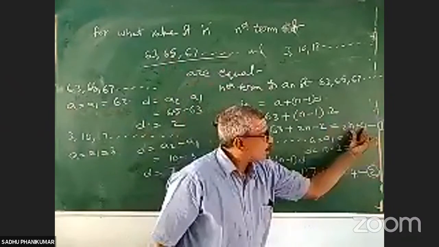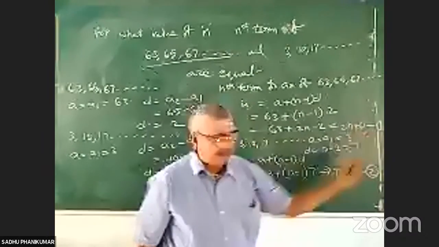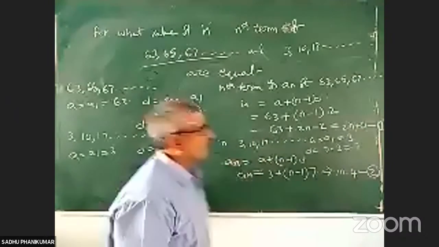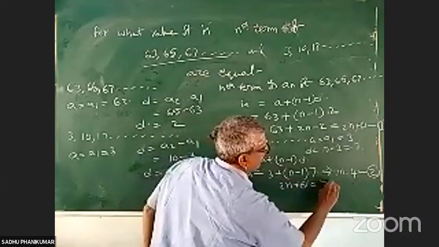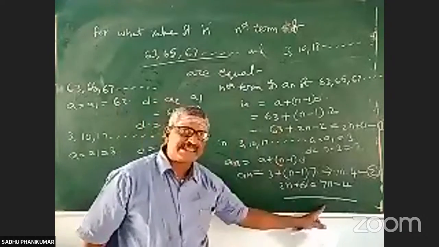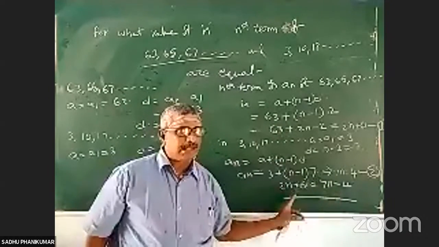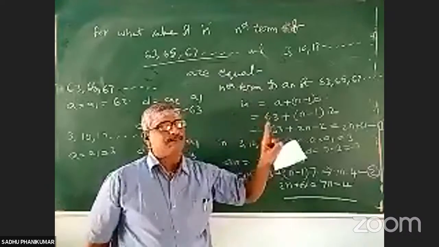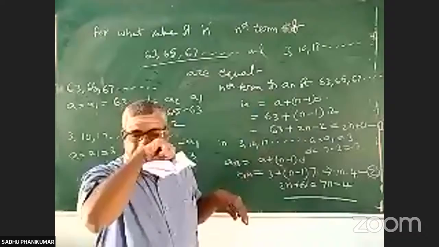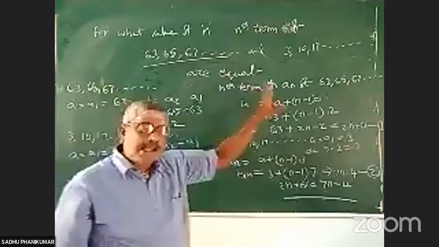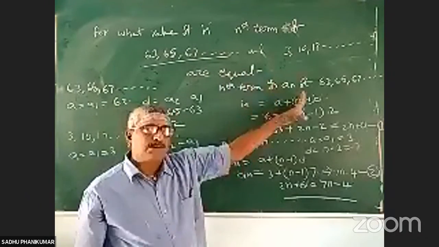That is 2n plus 61 is equal to 7n minus 4. Students, complete the remaining part: solve the n value. For that particular term, both of the terms of the given two arithmetic progressions are equal. Okay, clear?